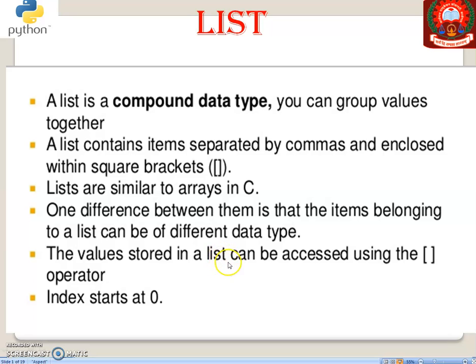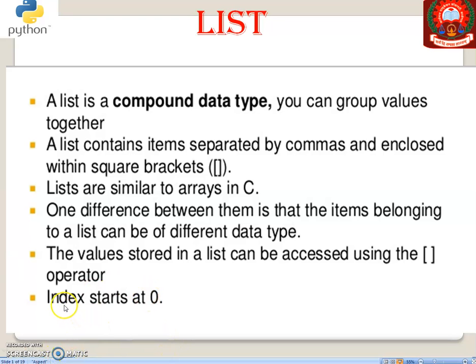The values stored in a list can be accessed using the square bracket operator, and the index starts at 0. All of you are familiar with the position of elements in an array; indexing does not start from 1, it starts from 0.